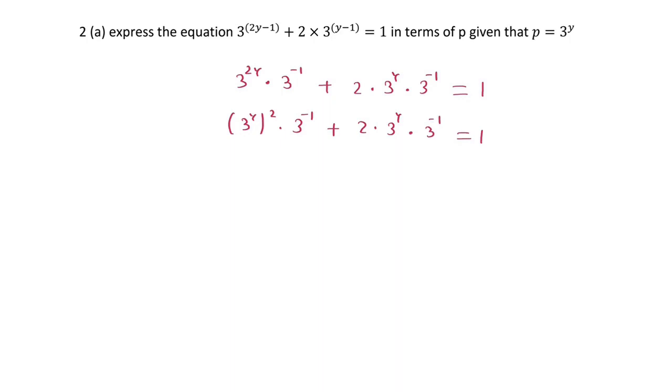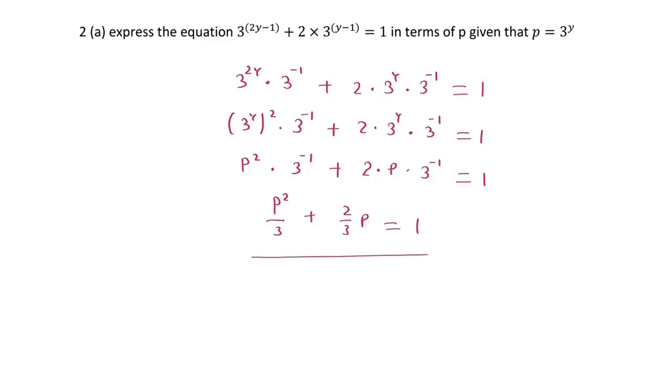So let us now replace this one with p in our equation. So our equation is going to be p squared times 3 power negative 1 plus 2 times p times 3 power negative 1 equals to 1. Okay, so now let us rearrange this equation. So our equation is going to be p squared over 3 plus 2 over 3p equals to 1. And this is going to be our answer.